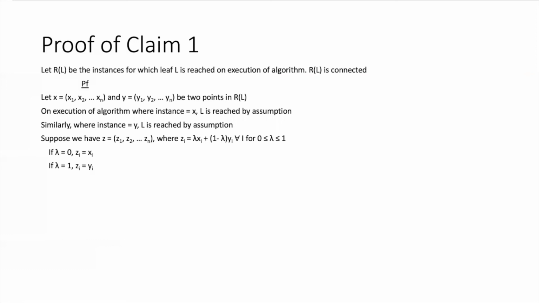It's clear to see that if lambda is 0, then zi is equal to xi, and if lambda is 1, we have zi is equal to yi.